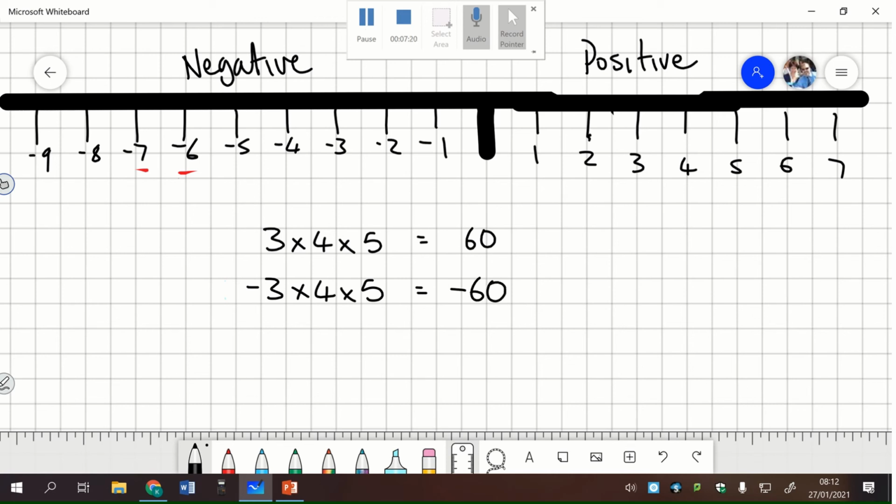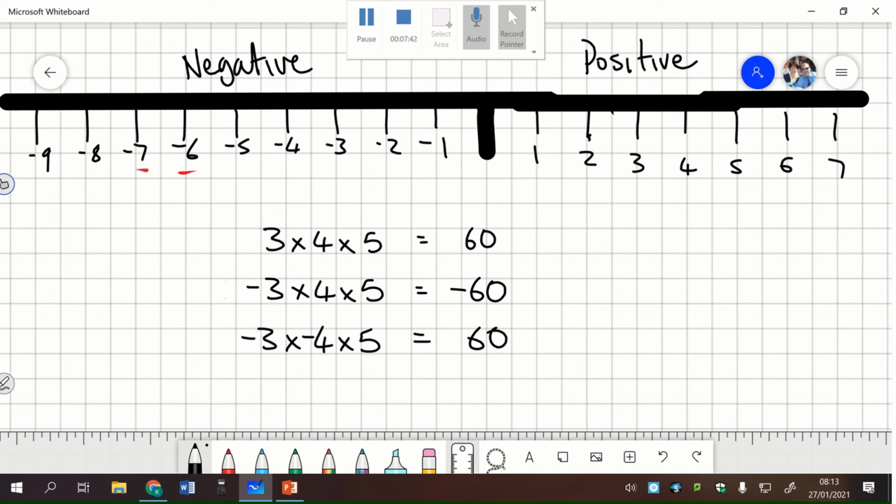The digits are going to be the same, so the numbers don't make things happen. But now I'm going to do negative 3 times negative 4 times 5. I've got two negatives now, an even number of negatives, so the answer is going to go back to positive 60.